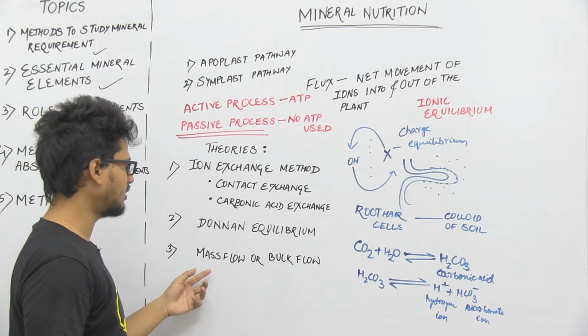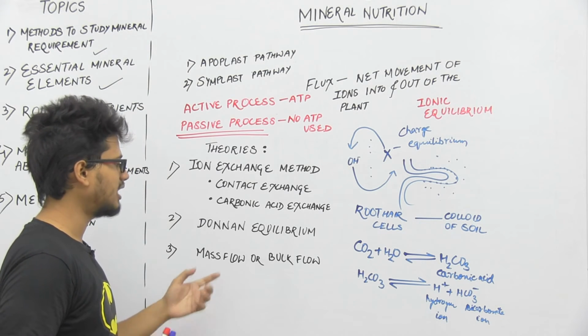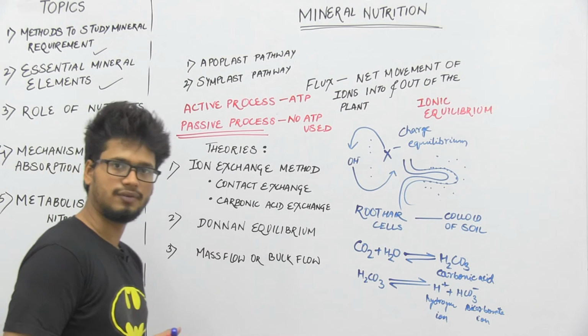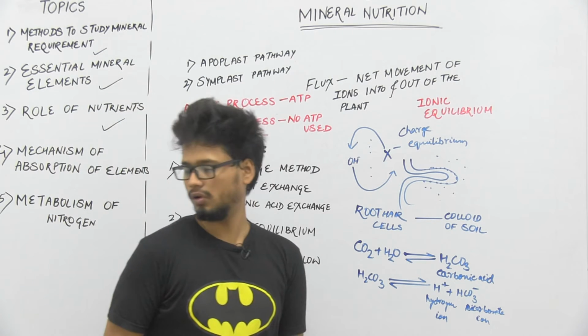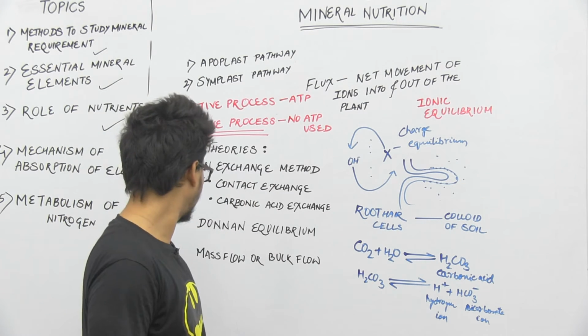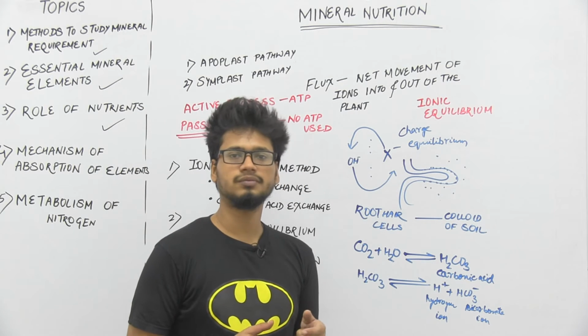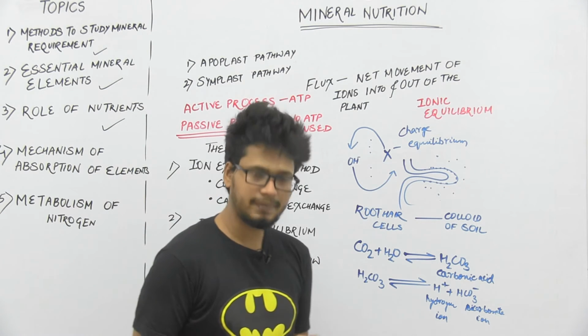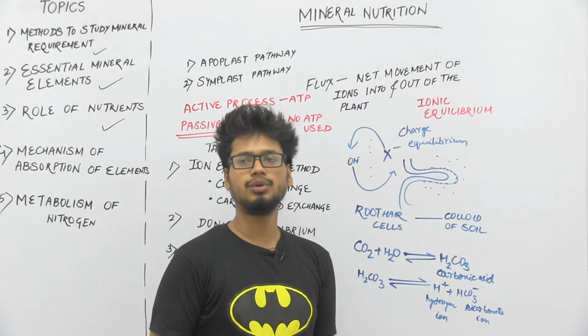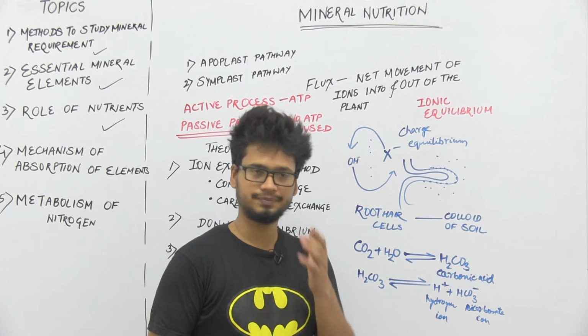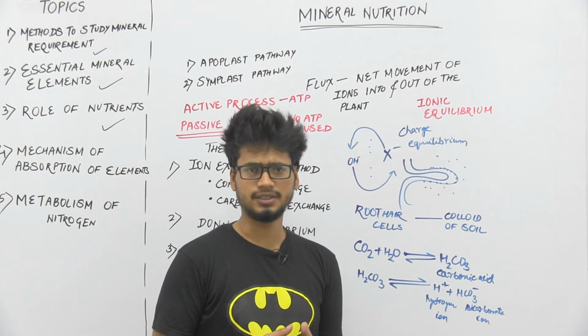The last method is mass flow or bulk flow. Now mass flow or bulk flow का principle क्या है? In the previous chapter you might have studied about transpiration. Now what is transpiration?